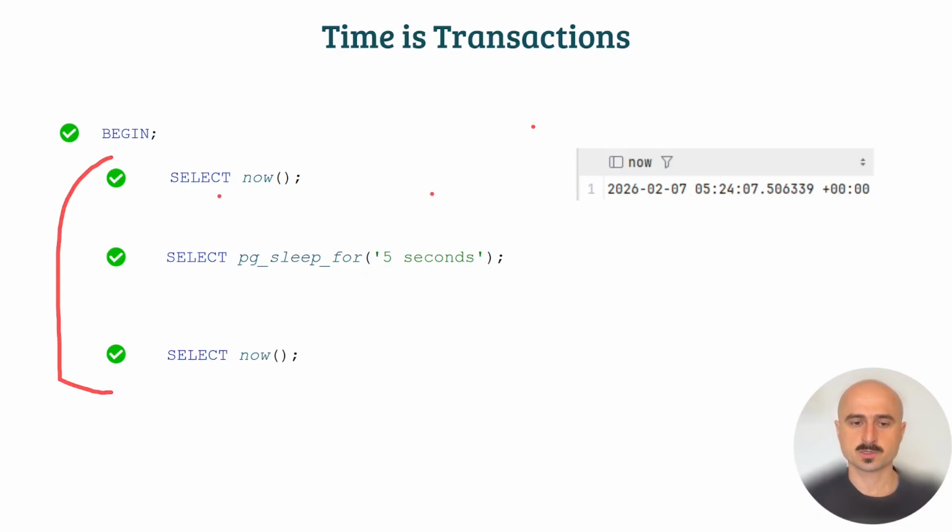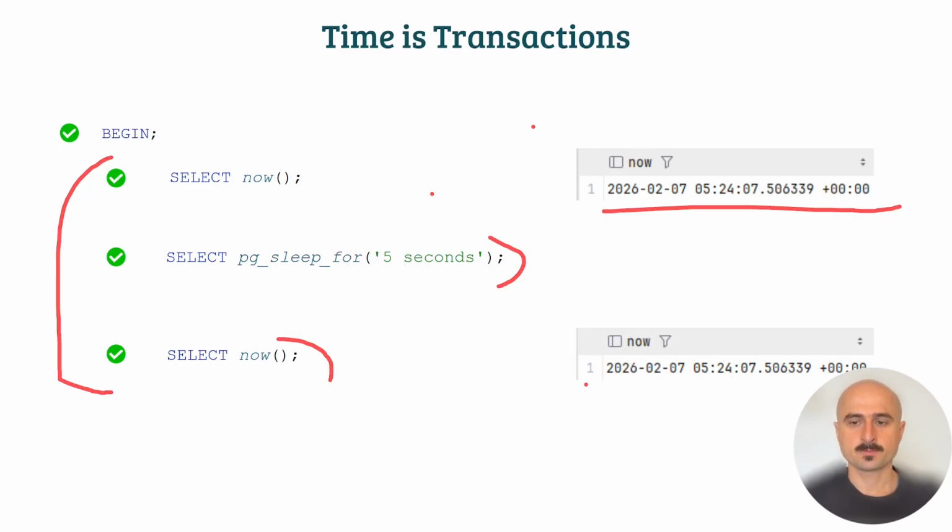So when we execute the first SQL statement, it gives us the current date time, whatever that turned out to be. Then we execute the second SQL statement, so we wait for 5 seconds, and then we execute the third one. And the third one, surprisingly, returns the same value as the first one.